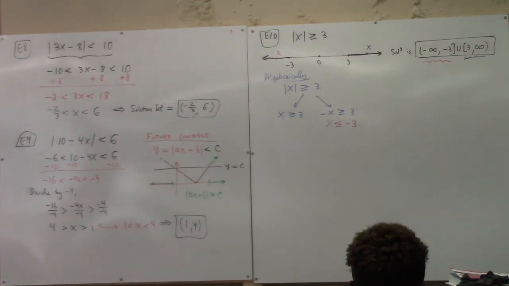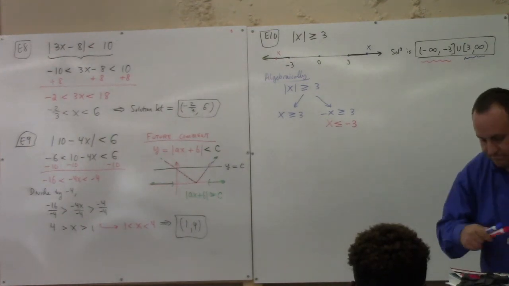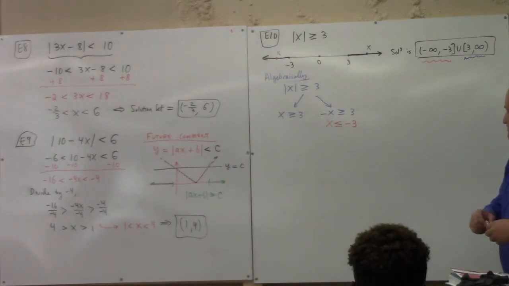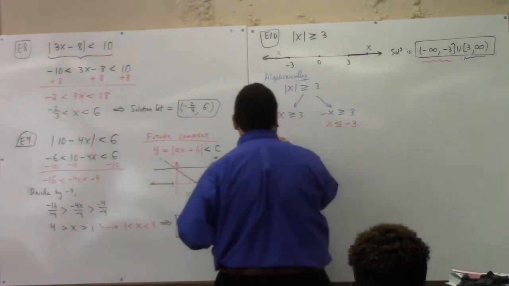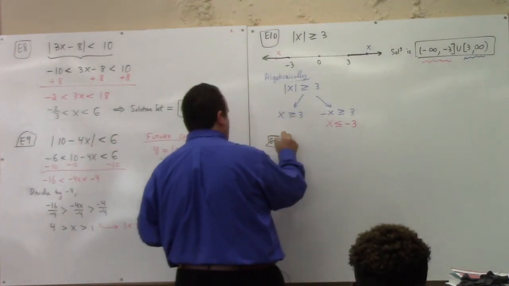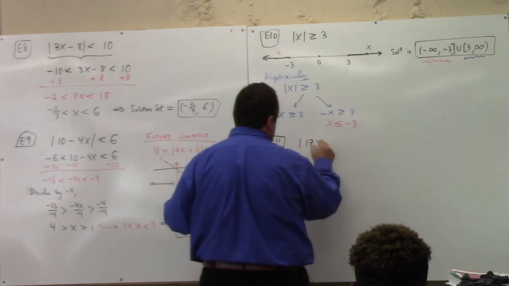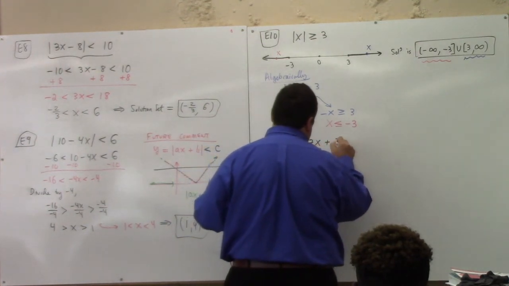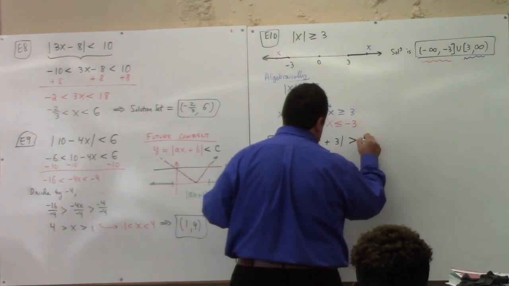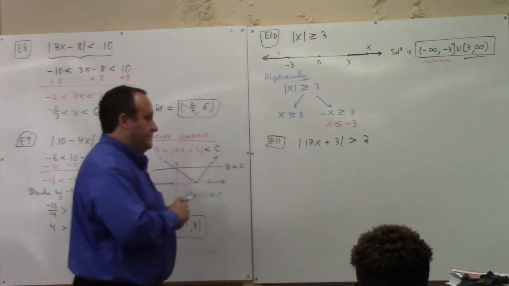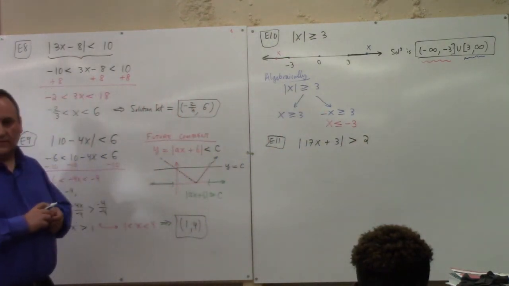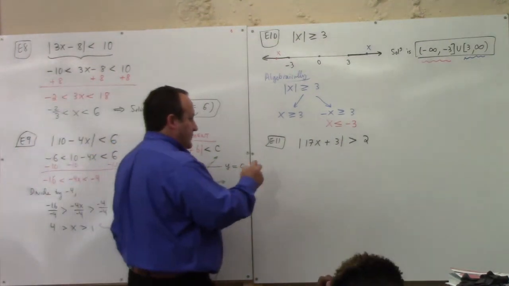Any questions? Well, let's work on an example. What if we have absolute value of 17x plus 3 greater than 2? So what do we face here?